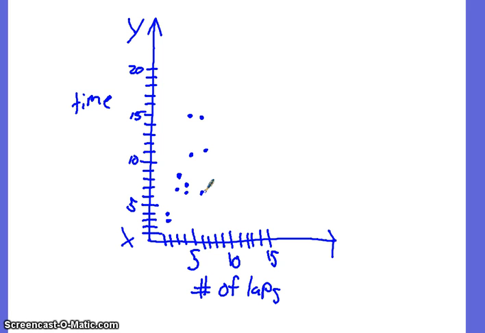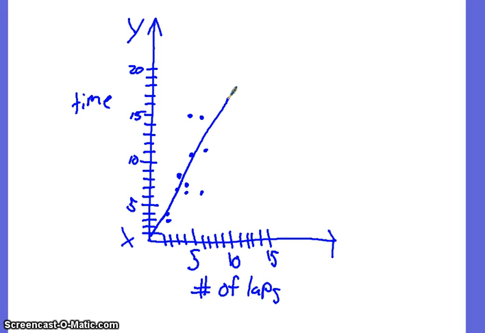So if we follow the line that's drawn, we see that as the number of laps increases, the total time increases. So if we were to draw a line showing this, we would pass through something like that. Many of those points fall near that line.